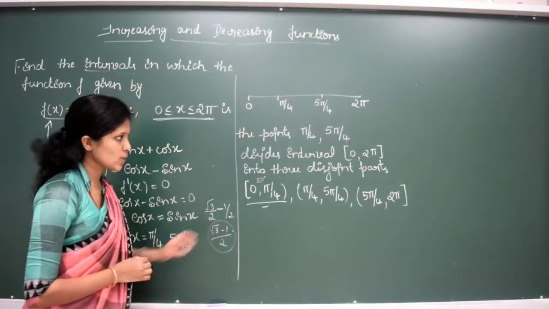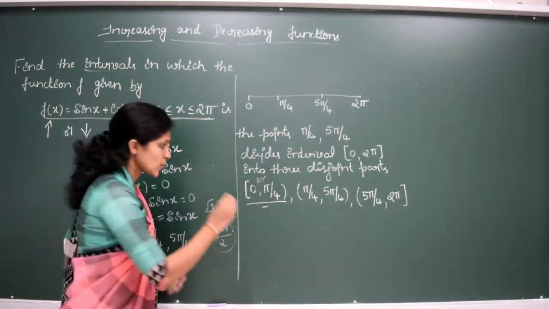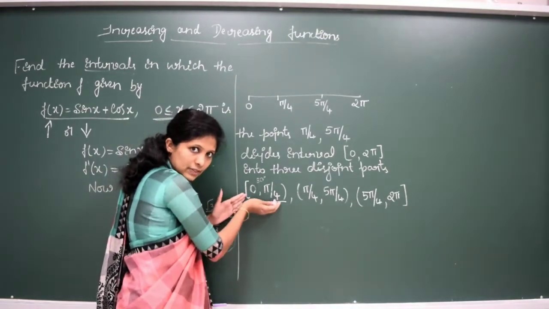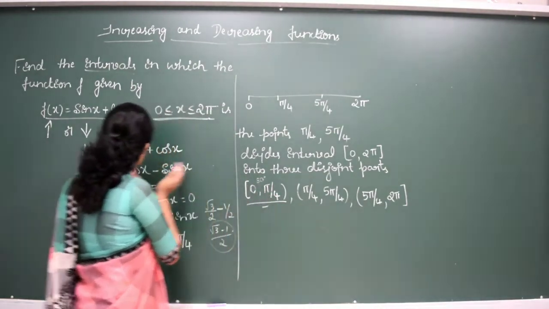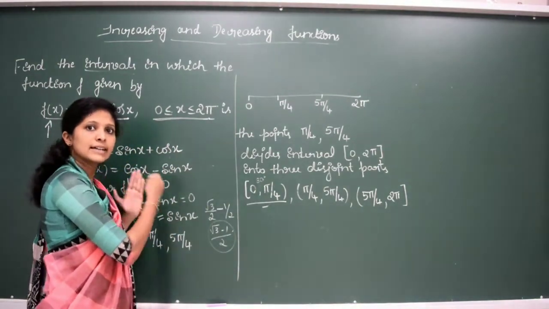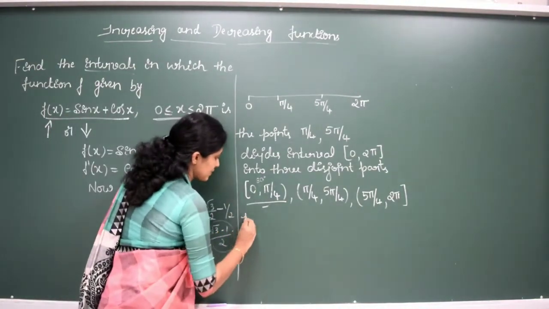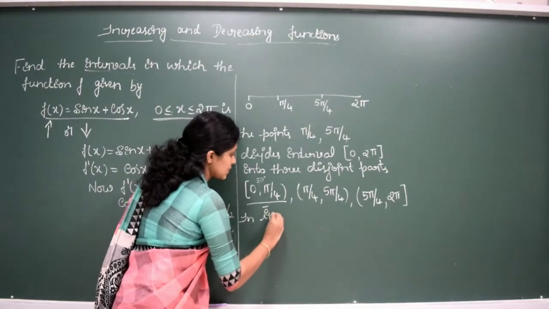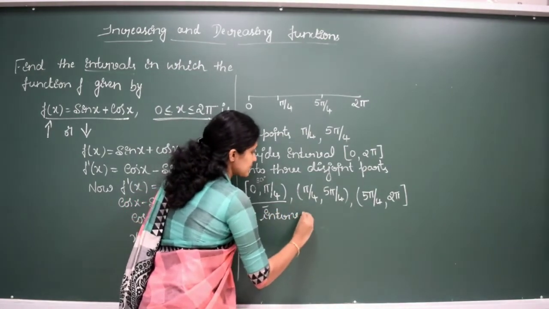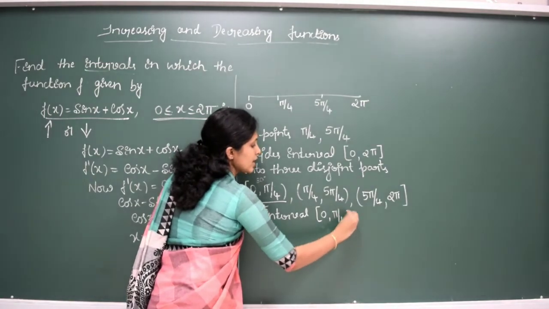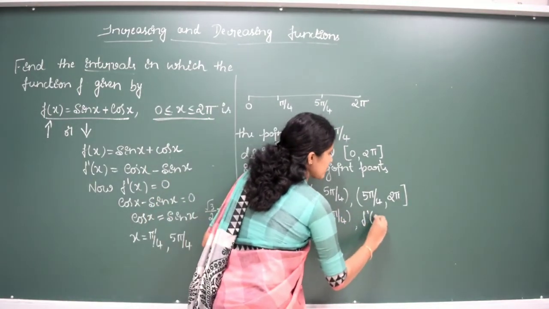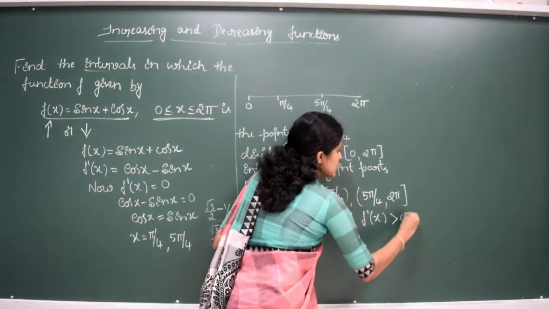Is it clear? So check with any one value. It's enough. So in the first interval 0 to pi by 4, the function f'(x) is greater than 0. On the interval 0 to pi by 4, the function f'(x) is greater than 0.